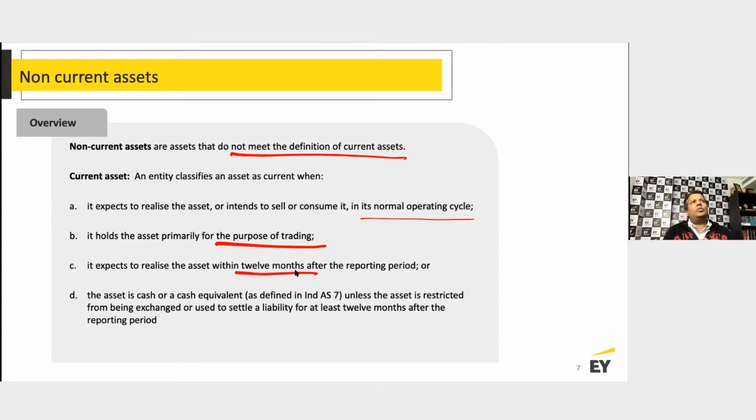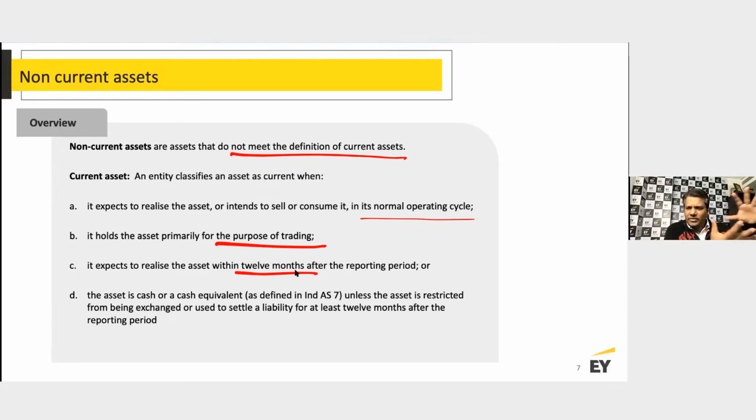If you think about it, what is left here? Ordinarily property, plant and equipment. That's one big item which is a non-current asset. Then your intangible assets. Then many times your investments are also non-current assets, because you don't intend to realize them in the next 12 months, and they're not part of your operating cycle.